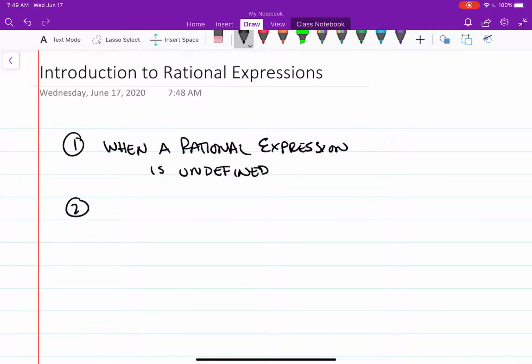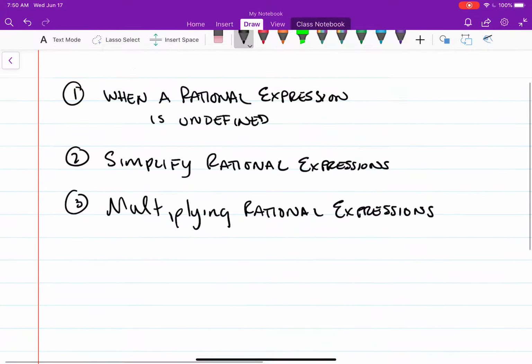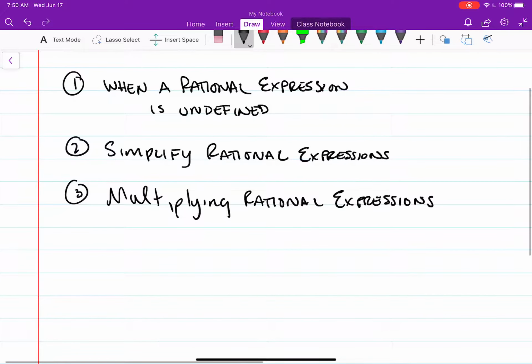Two, how to simplify rational expressions. And three, multiplying rational expressions. Okay, so those are going to be the three things that we're going to talk about today.